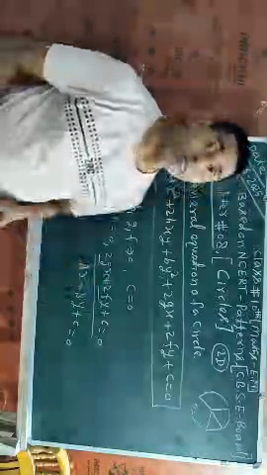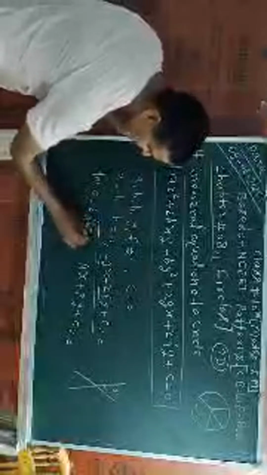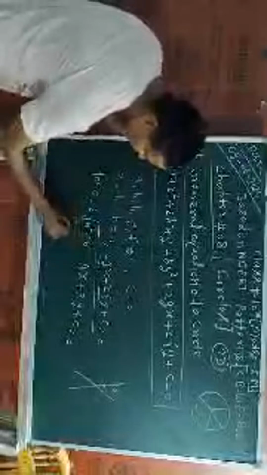Two straight lines, so that will be a pair of straight lines that will be like this. So here I will get an angle. That angle I can calculate: tan theta is equal to 2 times square root of h square minus ab, divided by a plus b.